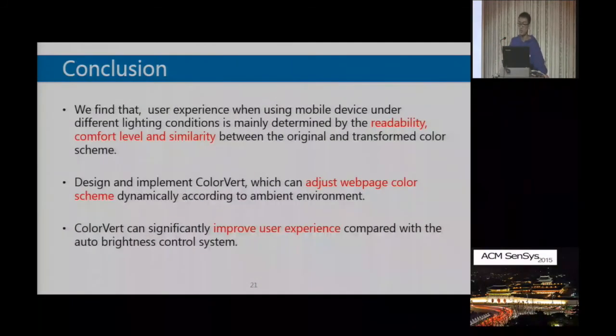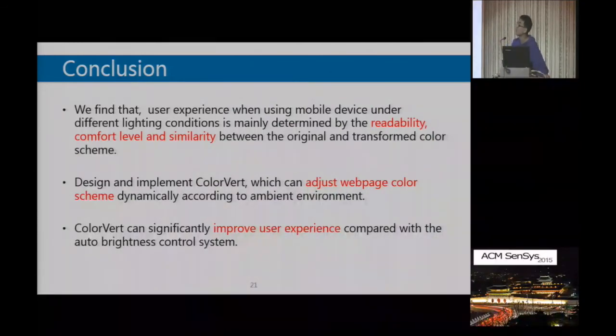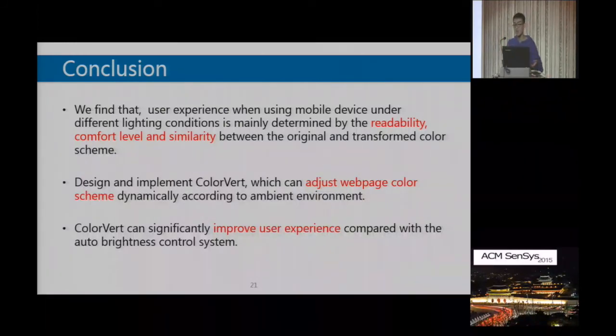So then we reach the conclusion part. First, our main contributions are as follows. The first, we found that user experience is mainly determined by readability, comfort level, and similarity. And then according to that, we designed and implemented a system called ColorVert, which can adjust the web page color scheme dynamically according to the ambient environment.